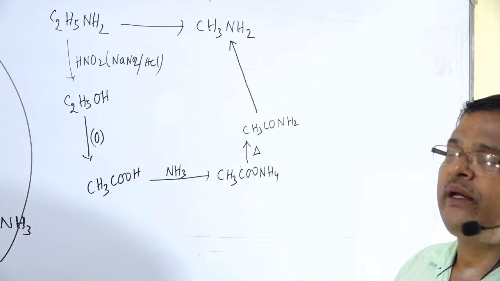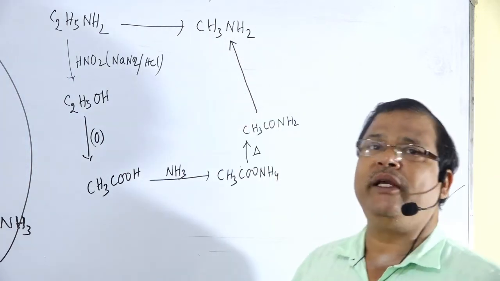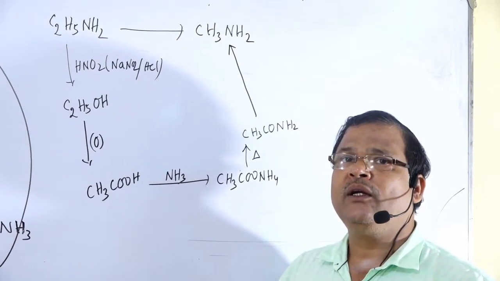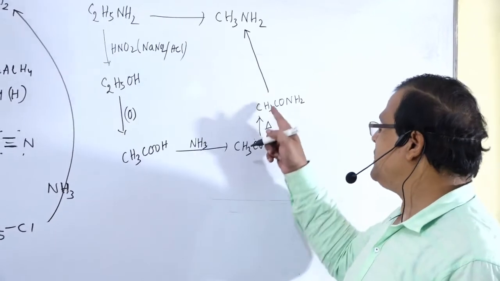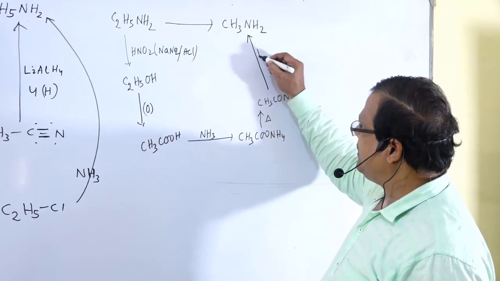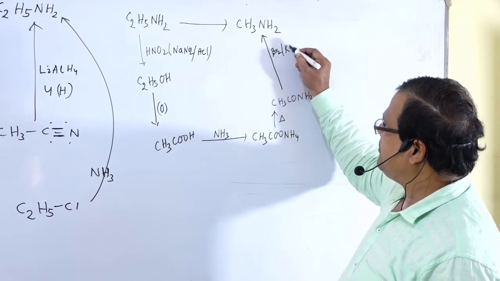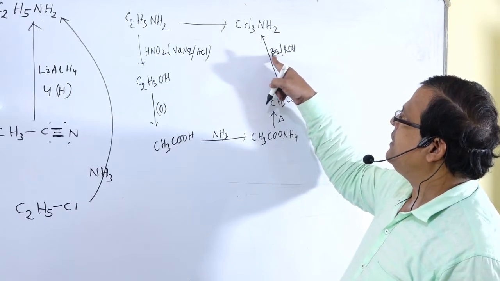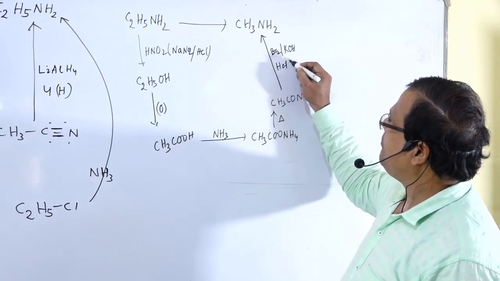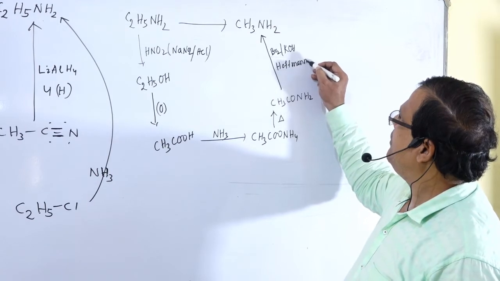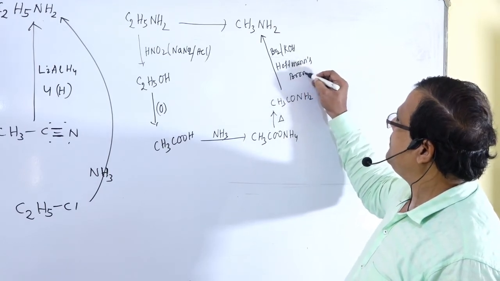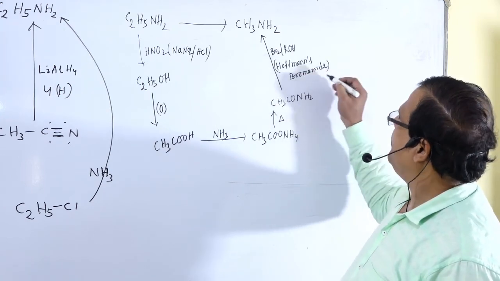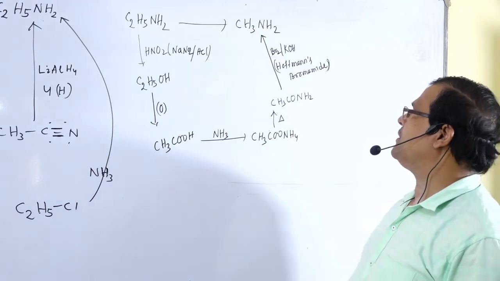That is Hofmann's bromamide or degradation reaction, where acid amides are treated with bromine in the presence of KOH. That is Hofmann bromamide or degradation reaction.